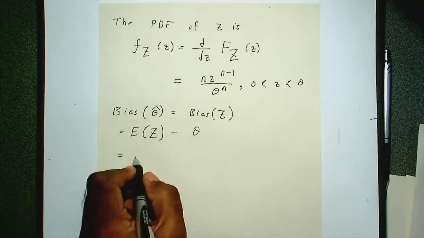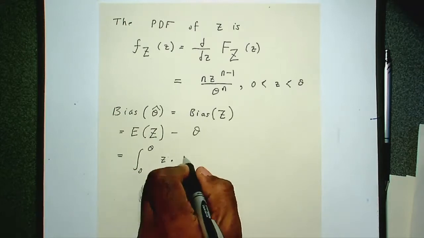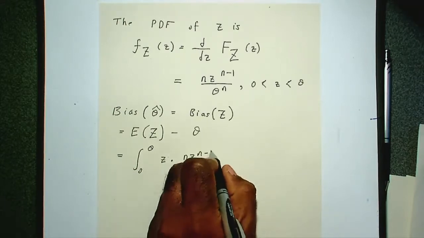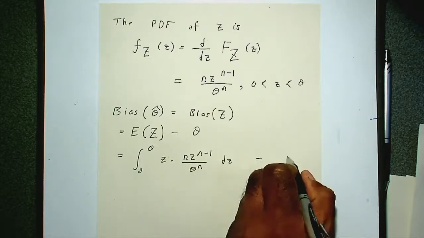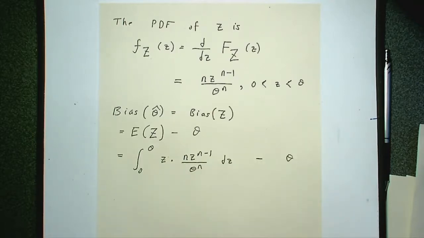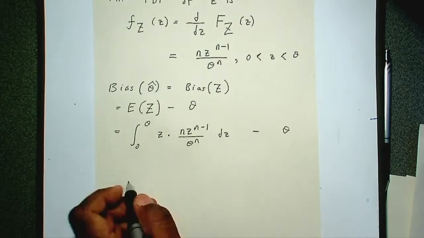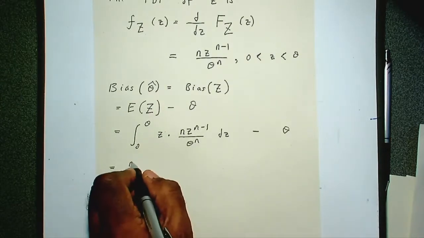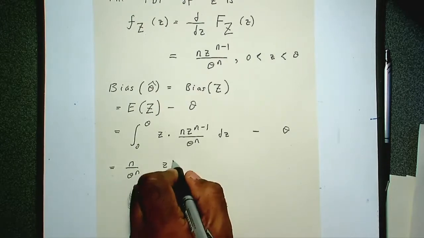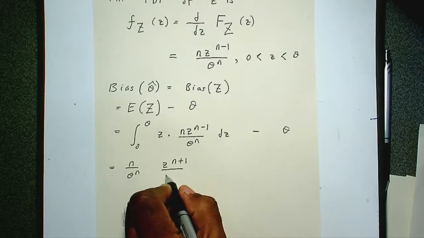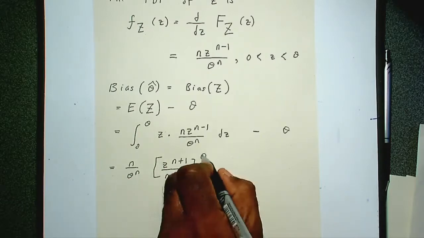So you integrate from 0 to theta of z times the PDF. I'm sure you've done one semester of calculus, so you should know how to do the integration, unlike me. So if you do the integration, you get n times z to the n plus 1 divided by n plus 1, limits 0 to theta.